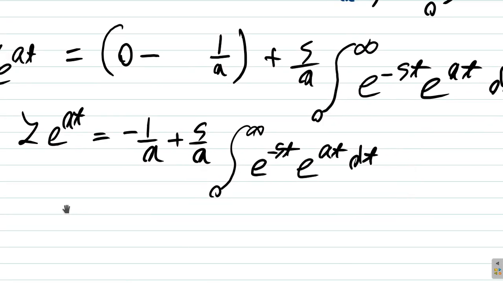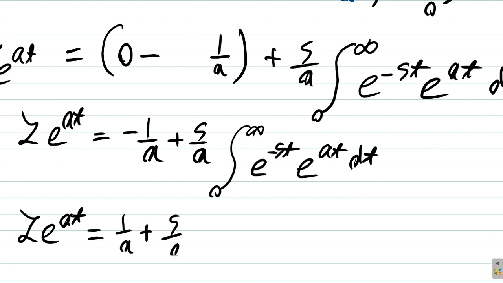So we might as well just write it like that. So we have the Laplace transform of e to the at equal to negative 1 over a plus s over a times the Laplace transform of e to the at. Alright?